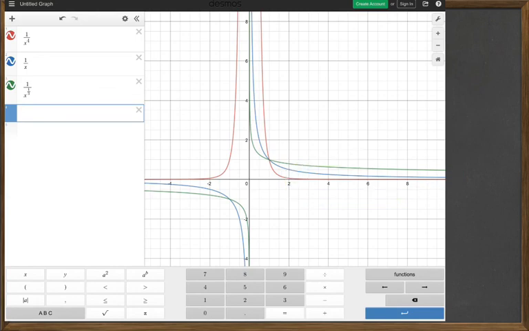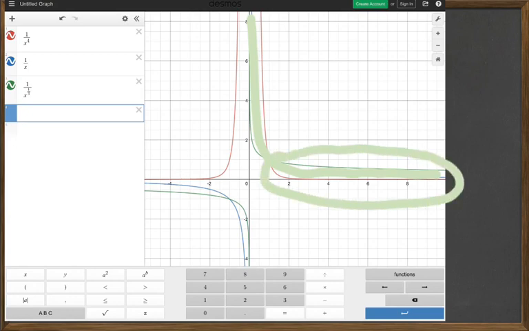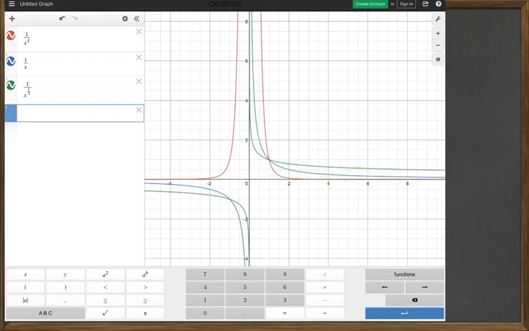Okay, now 1 over x is this graph here. And it does not crash down to zero quick enough. And so the area there is going to be infinite if we continue on this process. And likewise, the 1 over x to the 1/3 is going to be this one here, and we are accumulating way too much area there, so that's going to be an infinite area. And so we say that's divergent.